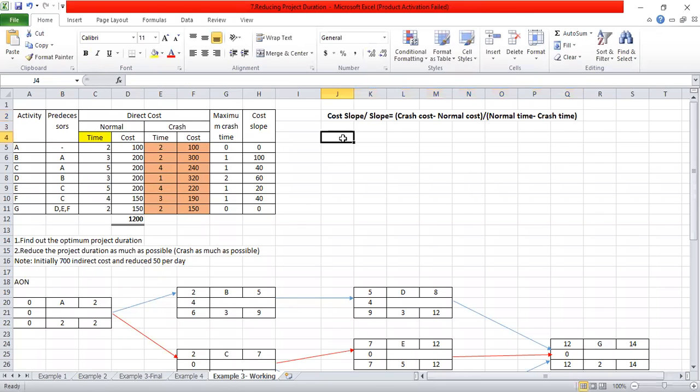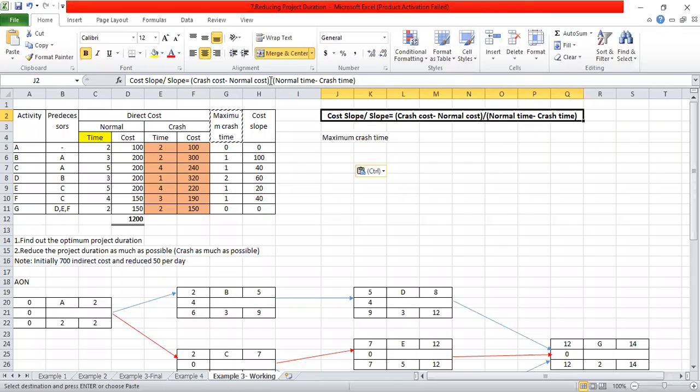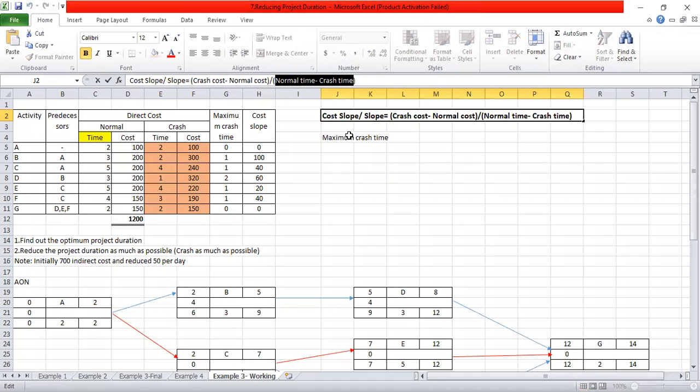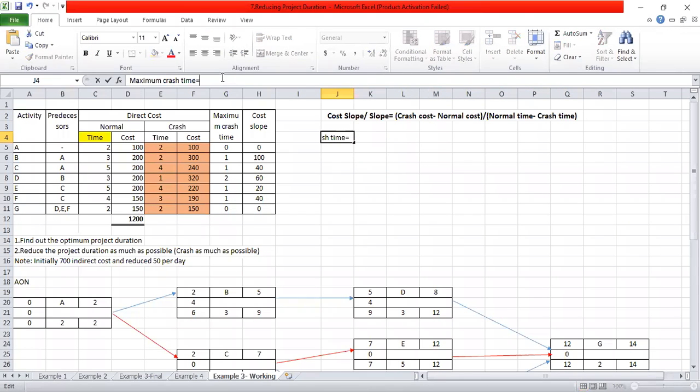So this is the equation: maximum crash time is equal to normal time minus crash time. This is the equation for the maximum crash time, right?